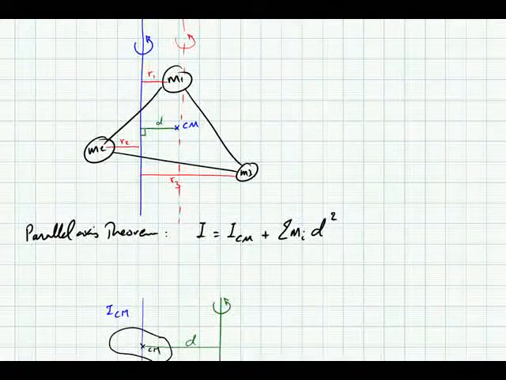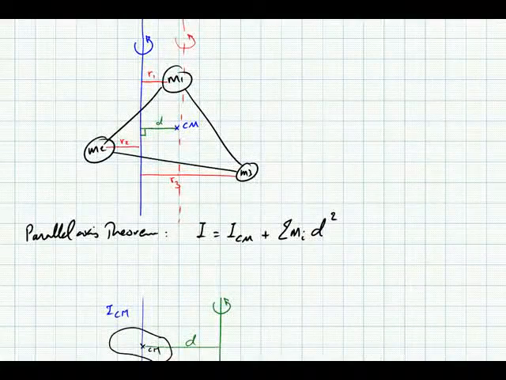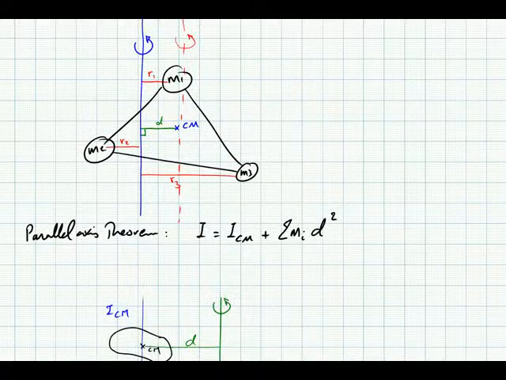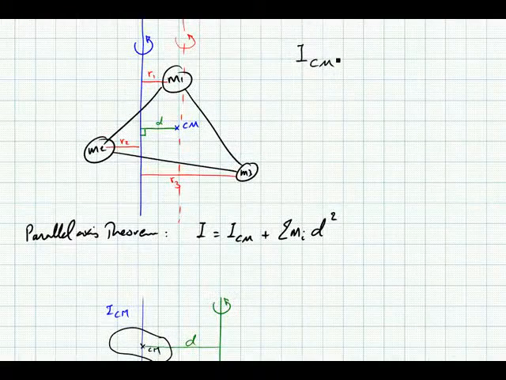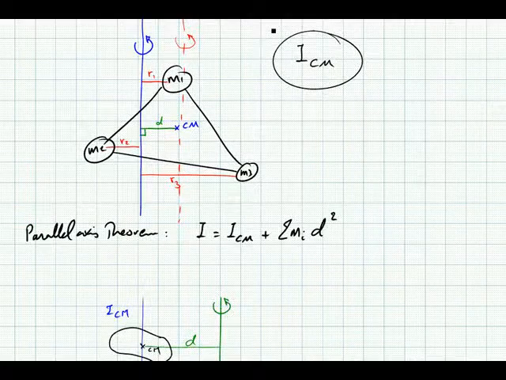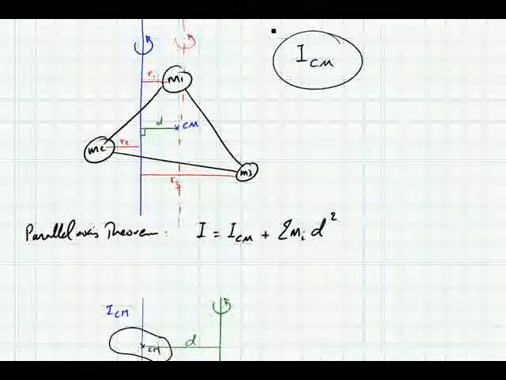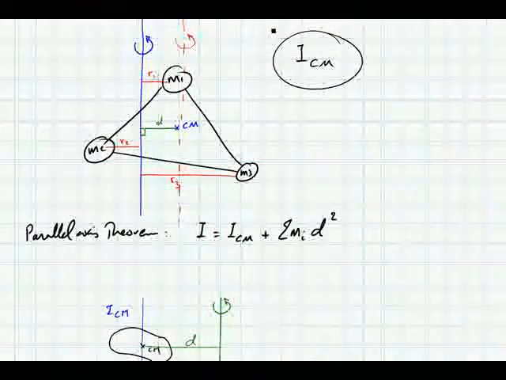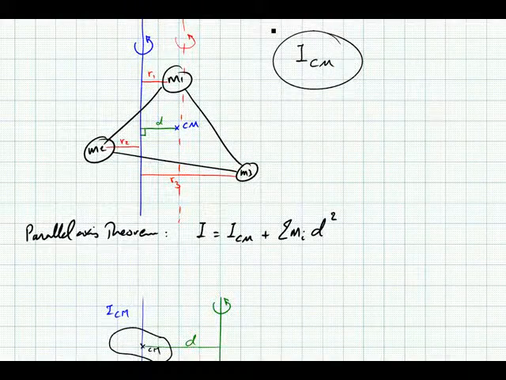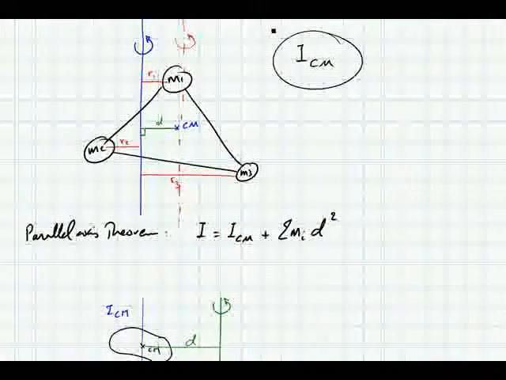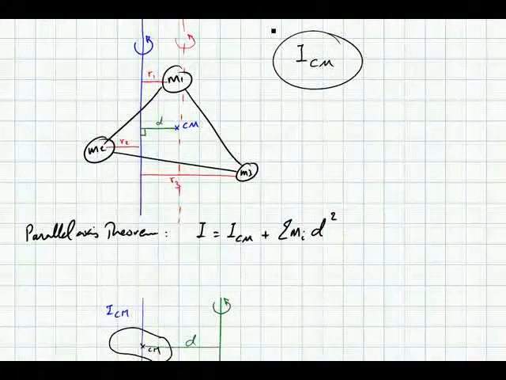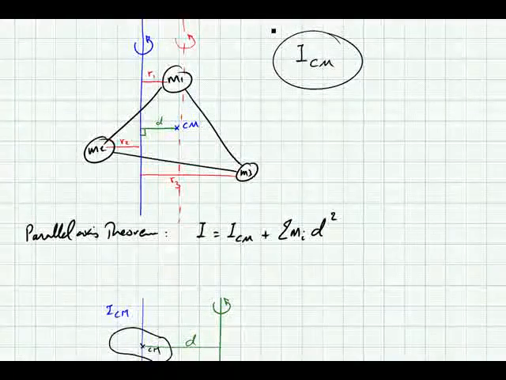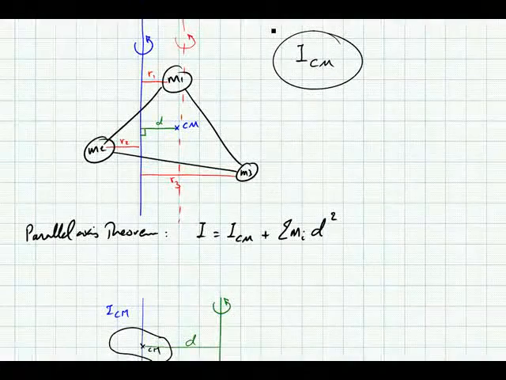Now, if you know an object's moment of inertia through its center of mass, so this is I_CM, which you can calculate, then depending on the orientation of the rotation axis, you can calculate the moment of inertia through any axis through the center of mass.